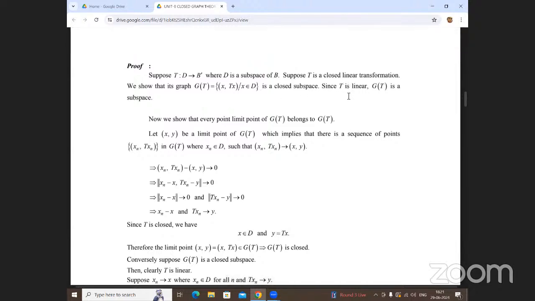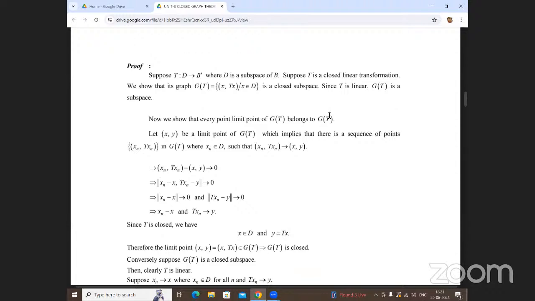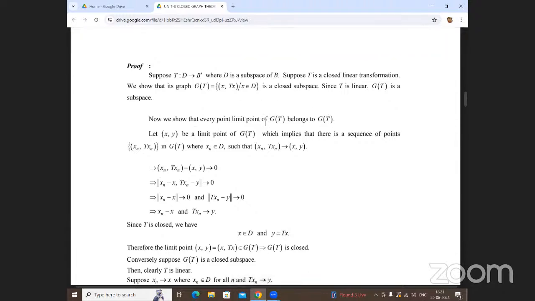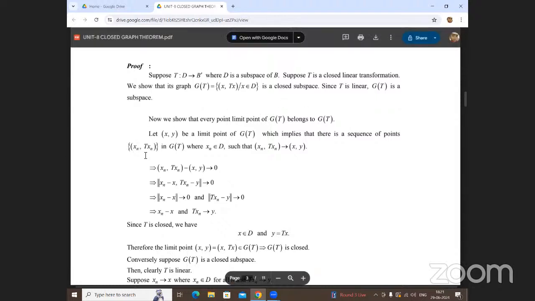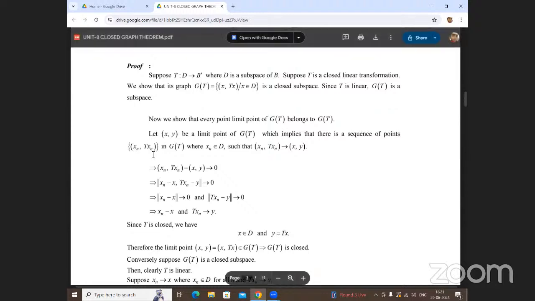Since T is linear, the graph is automatically a subspace. Every limit point of G of T must belong to G of T. So we take one ordered pair x and y as a limit point. Then there exists a sequence of terms xn and yn, where yn can be written as Txn, by the graph definition.